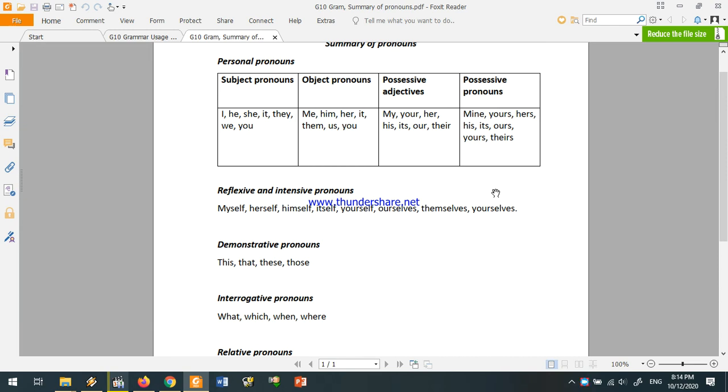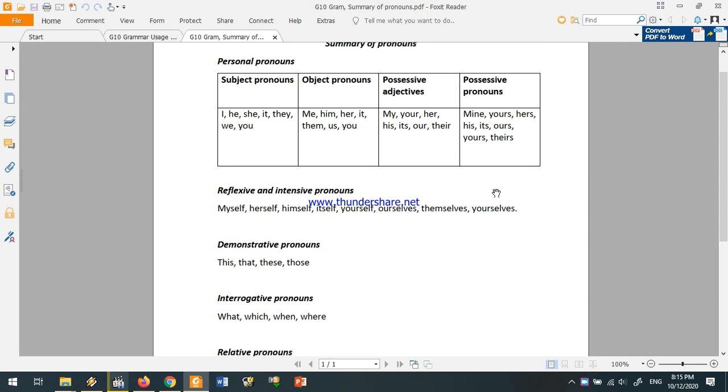Next, we have demonstrative pronouns, such as this, that, these, and those. This and that are used for singular objects. This is used for near singular objects or ideas. That is used for far singular objects or ideas. These and those are used for plural subjects or plural objects or ideas, such as pens, books, students.